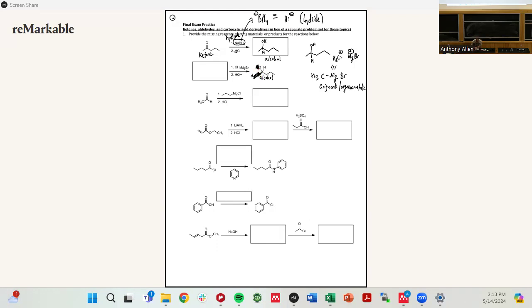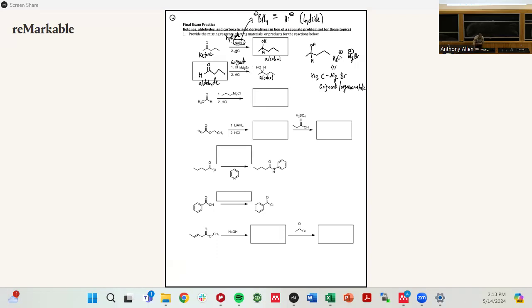You're going to be left with a carbonyl that has a hydrogen and a 1, 2, 3 propyl group. So this is an aldehyde with the Grignard reagent going to an alcohol. Erase that for the key.